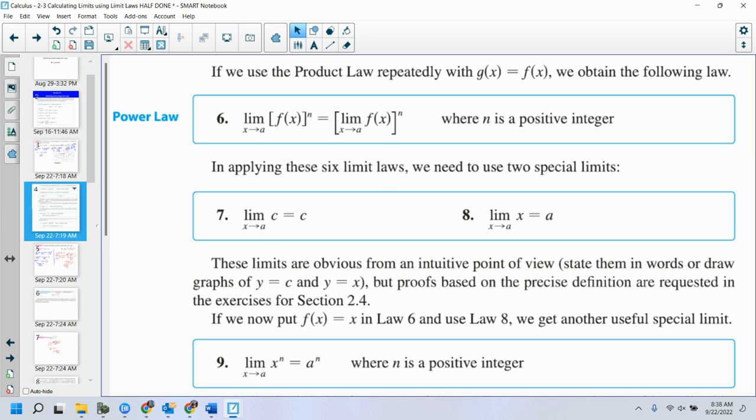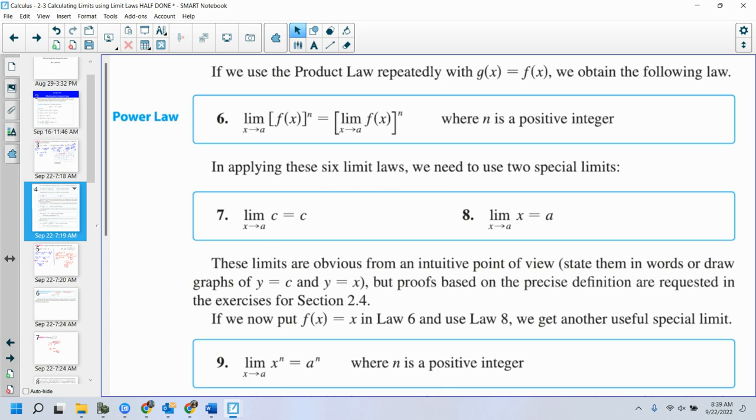If I expand that to any number on that line, does that work? Yeah. So you can generalize it to be a. If I say it's going to approach a, the output is a. So the limit as x approaches a of x is always going to be equal to the value you're trying to approach, a in this case.